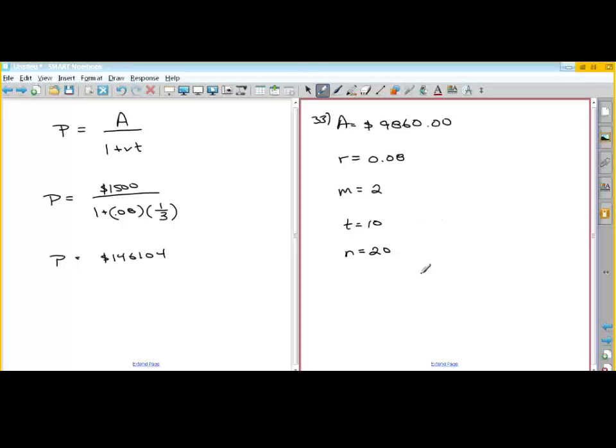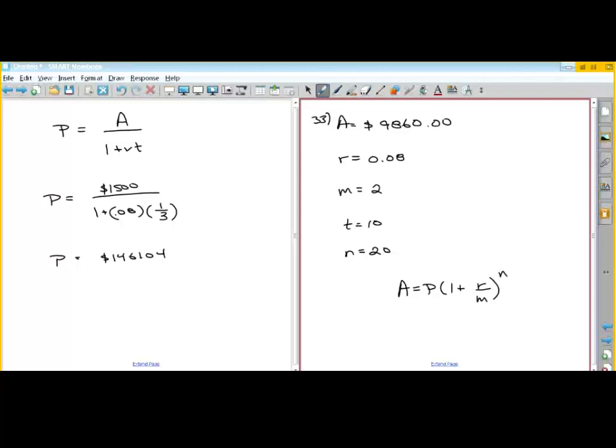So what's the equation? Well, the equation says the present value is the principal times 1 plus R divided by M, to the N power.